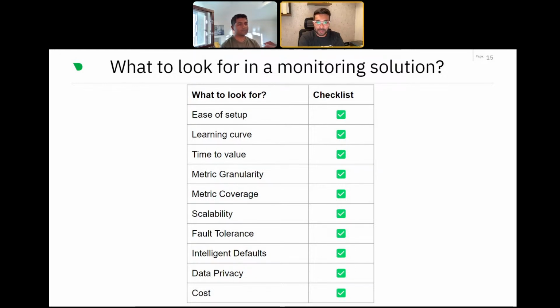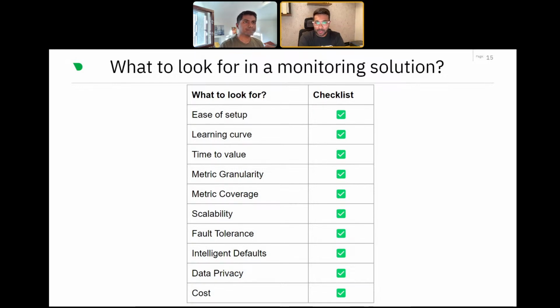Ease of setup, the learning curve. I think it's very important. It's underrated, but if it takes you months to just understand your monitoring solution, I would say it's probably not worth it unless you have the time to do it.